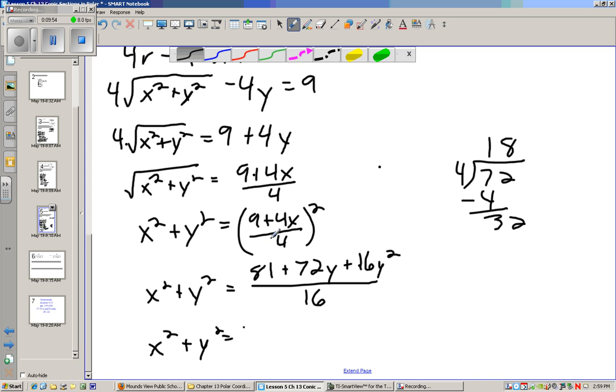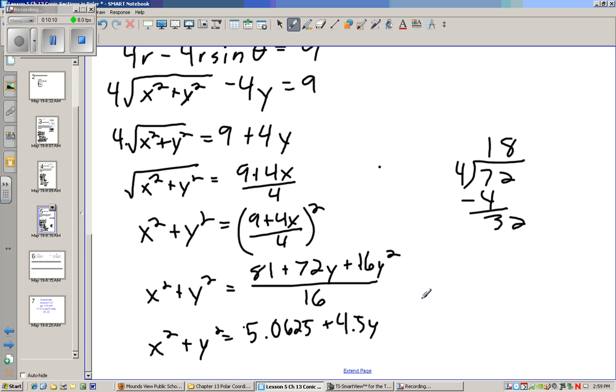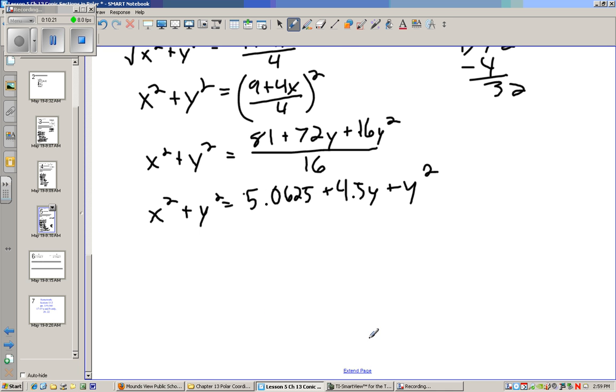All right, now if we take 81 over 16, that's 5.0625. 72 divided by 16, that would be 4.5y. And 16 divided by 16 will be y squared. I noticed that something was off because I knew it was a parabola, but we can't have both an x squared and y squared.